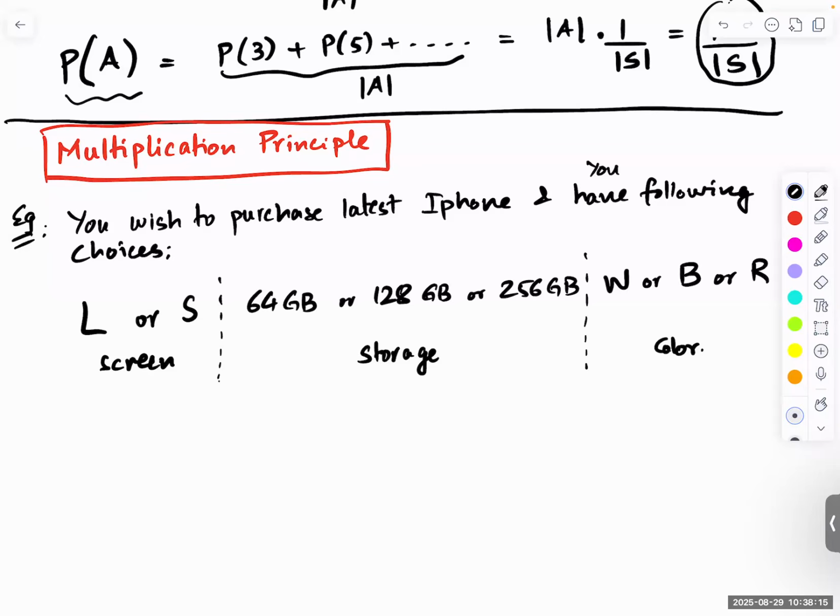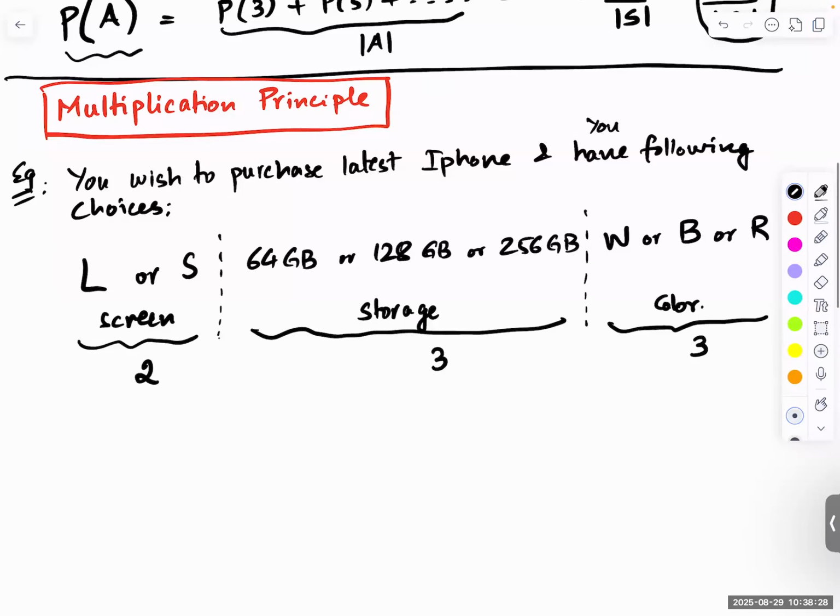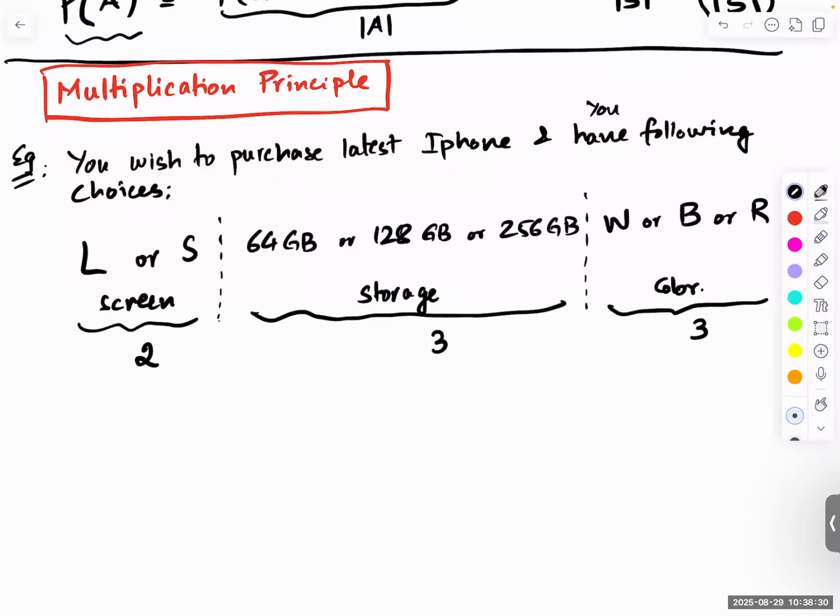Okay. So how many options do you have? You have 2 options for picking the size of the screen, 3 options for picking the size of storage, and 3 choices to pick from for color. What we are interested in is how many choices you have to pick your latest iPhone.